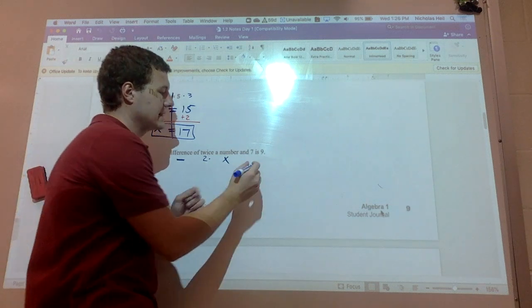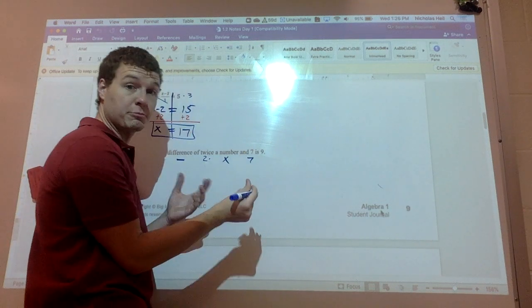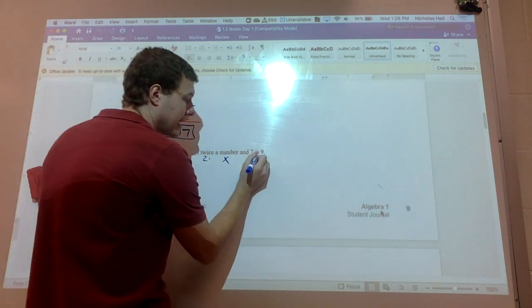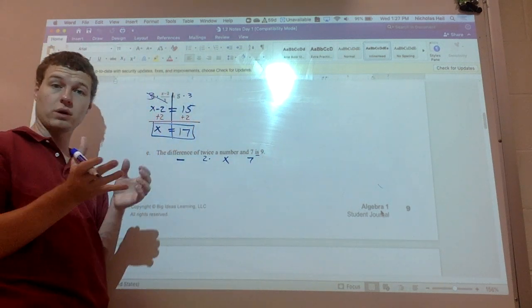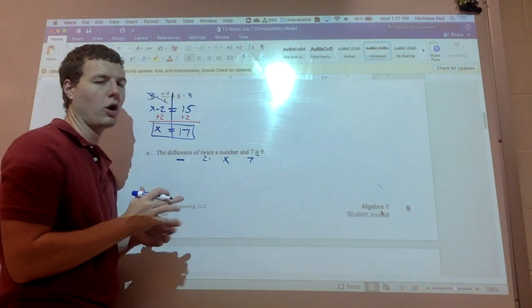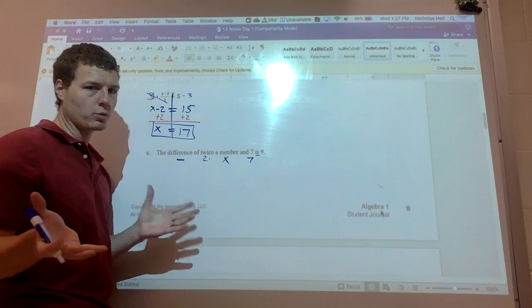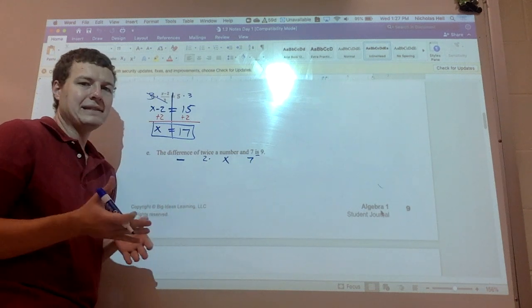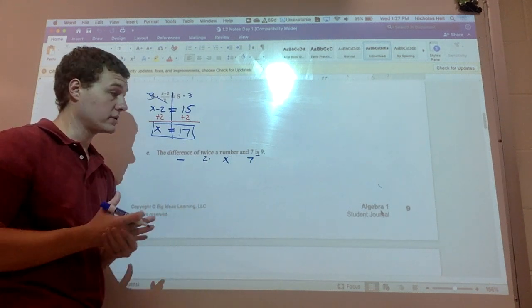Then I've got and 7, well that's nice, that is a specific number. Is. I'm going to underline is. That is one of the most important words in mathematics. I can't really say in all of mathematics, but it's a really important word, especially in this sentence, for the fact that is means equals.